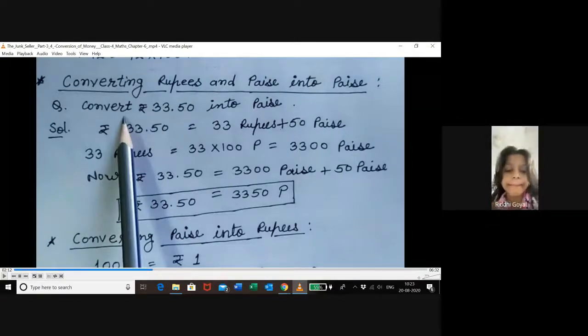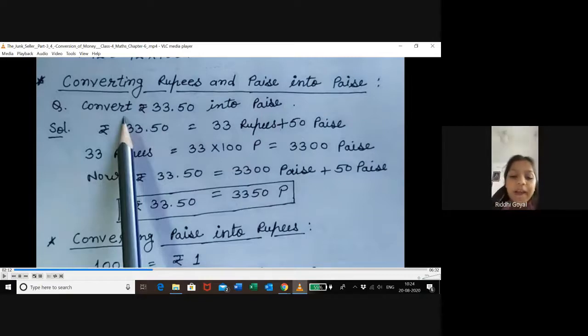Ma'am, yes Riddhi, I have a doubt. Like in this, 1 rupee is equal to 100 paisa. And I had gone to a shop, and there I take a thing of 100.